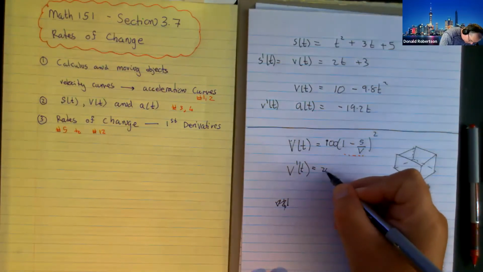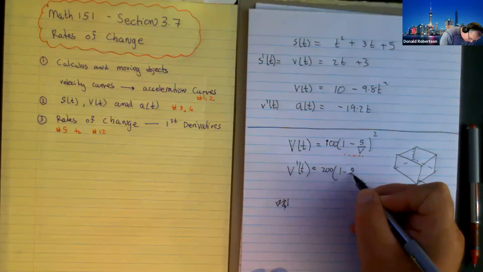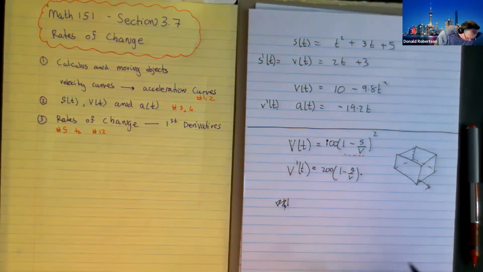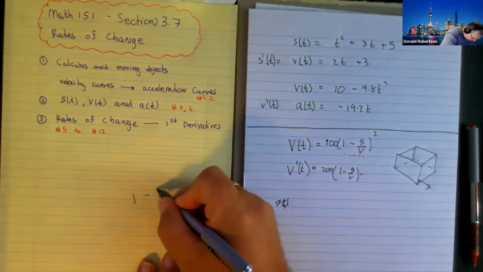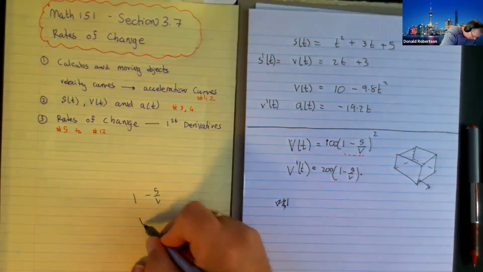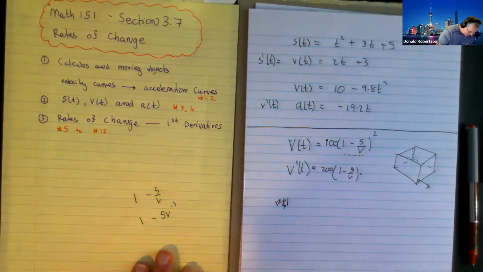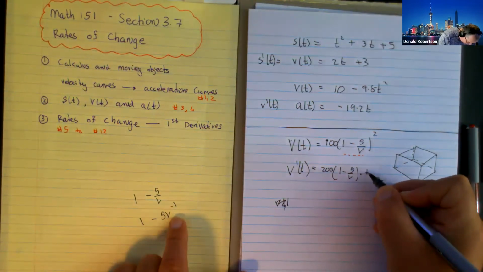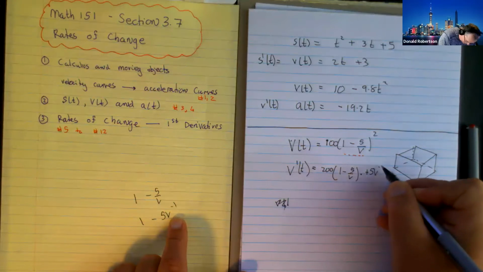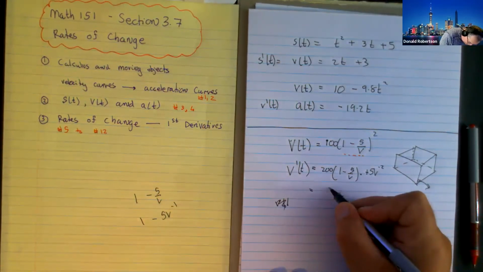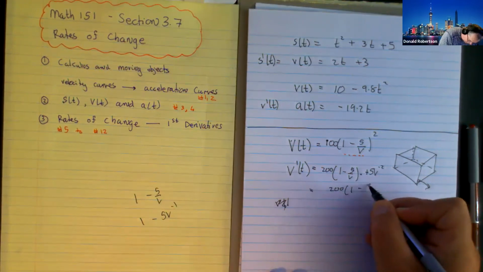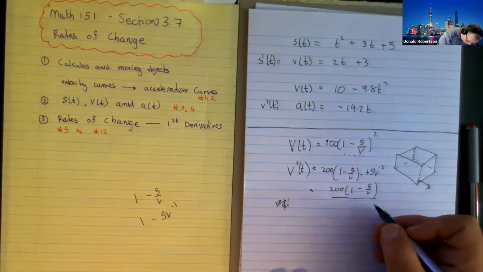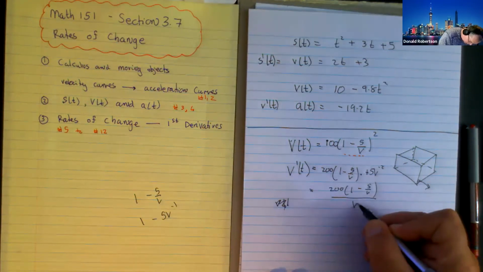So multiply by the power, reduce the power by 1, and then finish with the derivative of the inside function. Okay, if you want to differentiate that guy, you probably should call it that guy, agreed? And so when you differentiate it, you're going to get plus 5v to the negative 2. So it's going to be 200, 1 take away 5 over v, all over v squared.